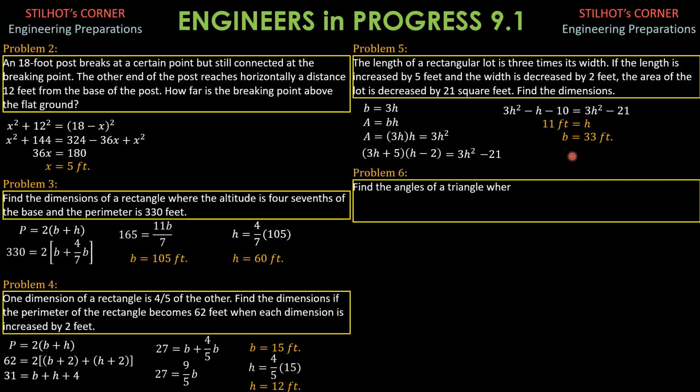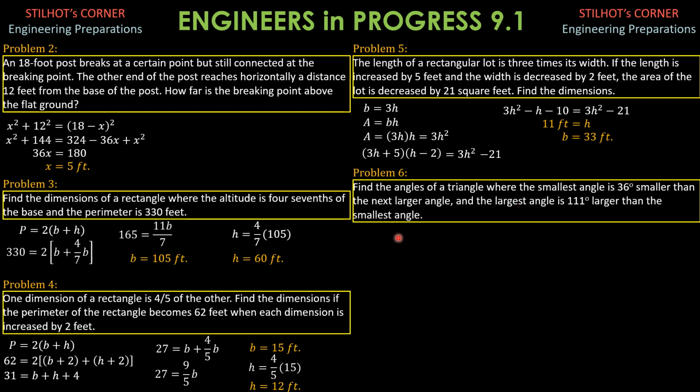Problem 6. Find the angles of a triangle where the smallest angle is 36 degrees smaller than the next larger angle, and the largest angle is 111 degrees larger than the smallest angle. So if we denote the smallest angle as S, then the next larger angle would be S plus 36 degrees.